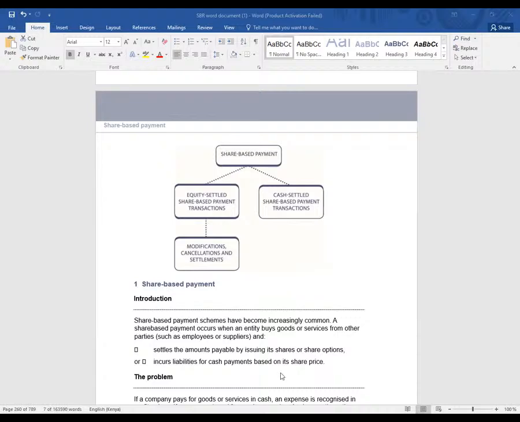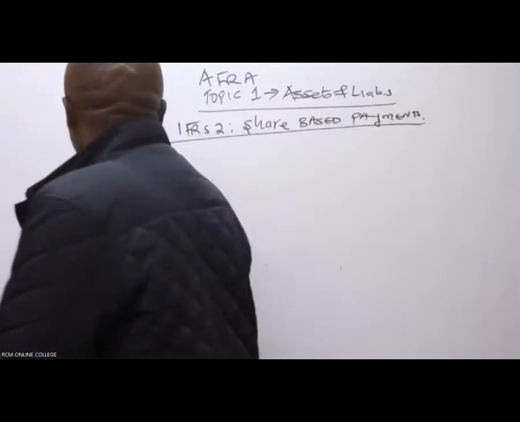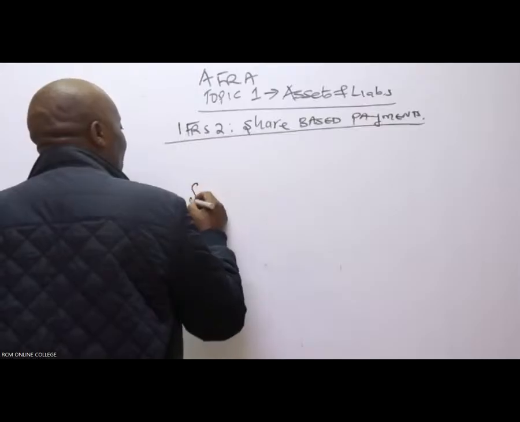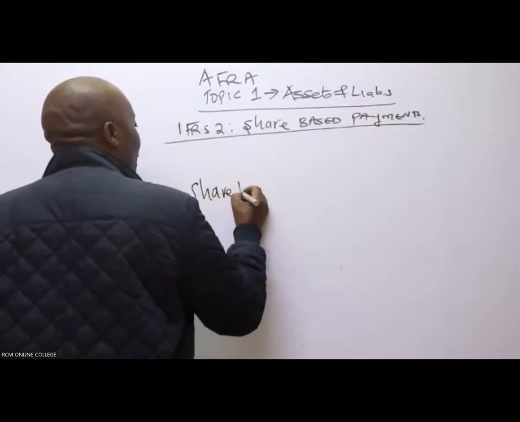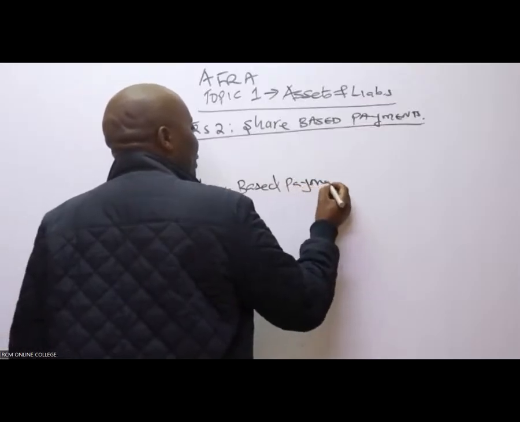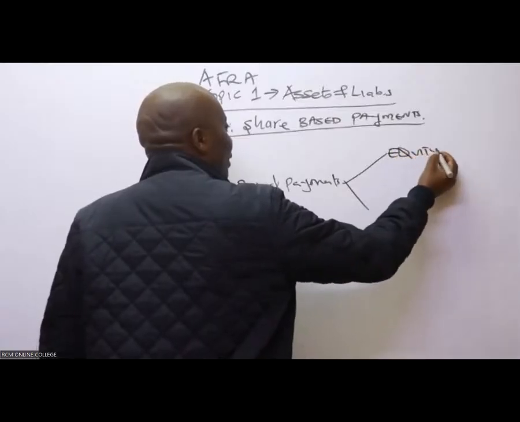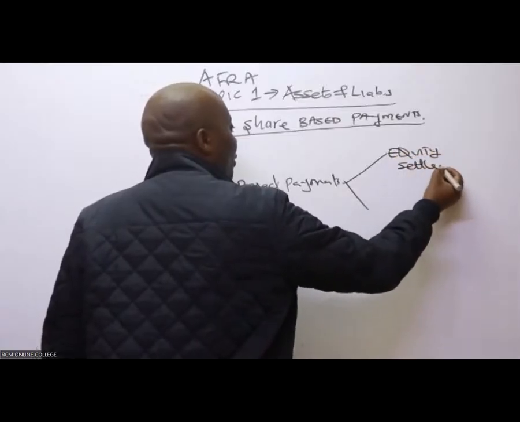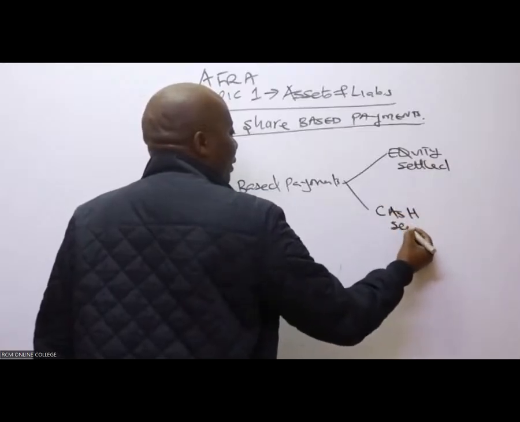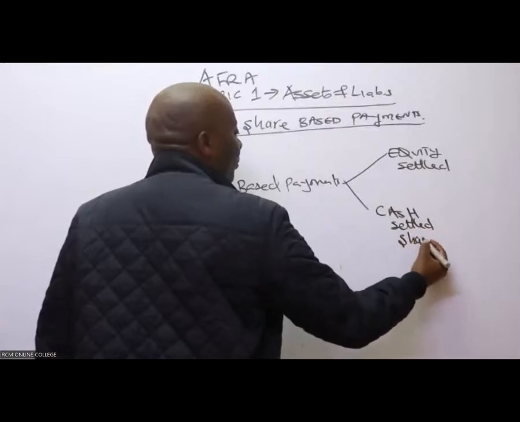So by the end of today's session, all of us would have understood that in terms of this IFRS 2, we have share-based payments. We've got what we call equity settled, and then number two, we have what we call cash settled share-based payments.